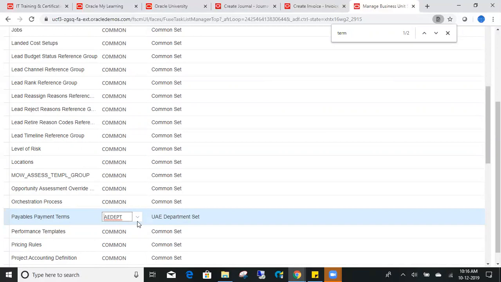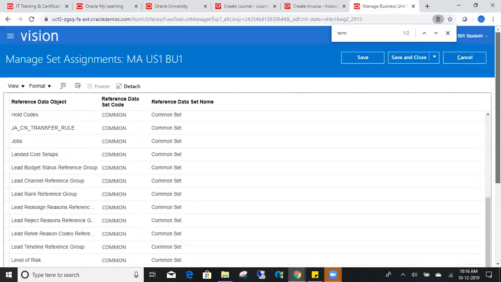No one else can see it, only you have access. So if you are assigned the UAE department set, I have access to this set and also to the common set. Common set users don't have access to the UAE department sets. As of now, I'm giving common. This is the use of these assignments.